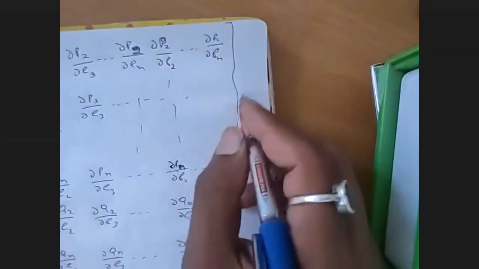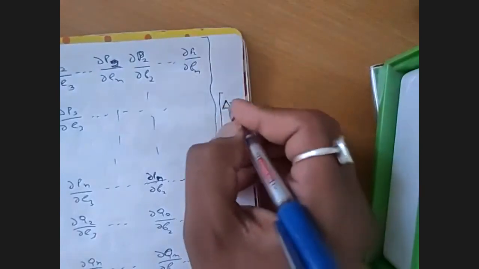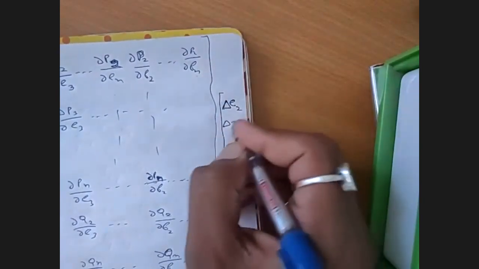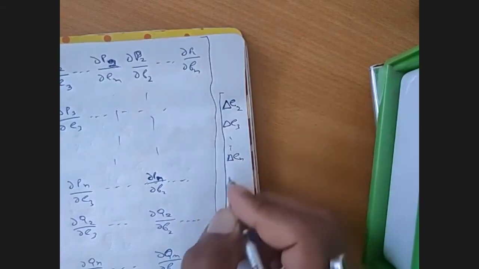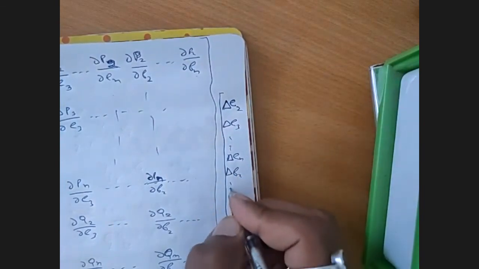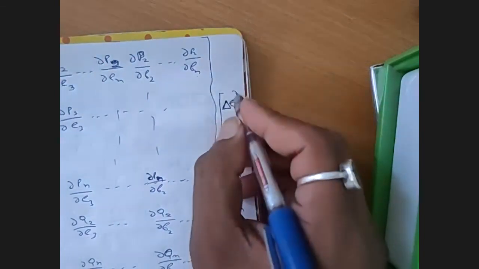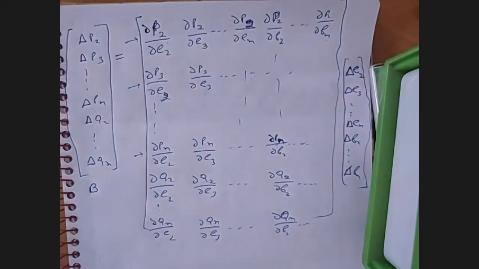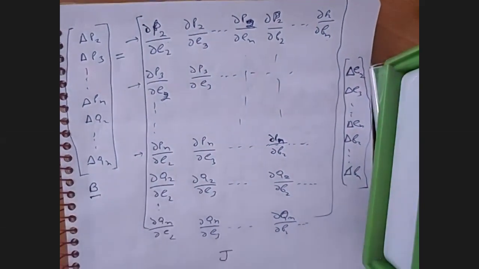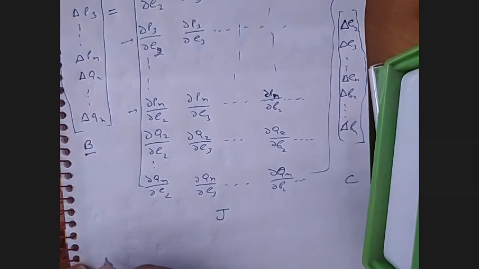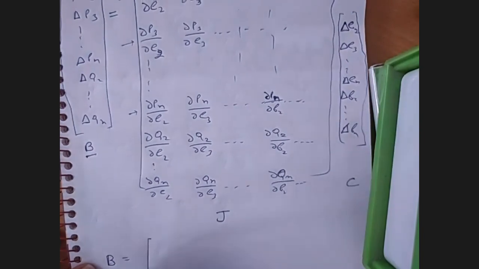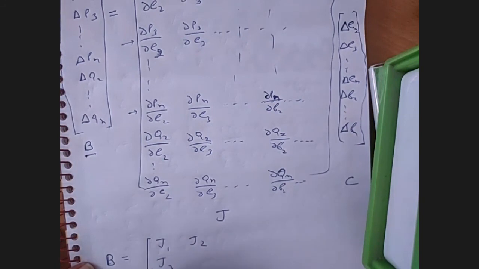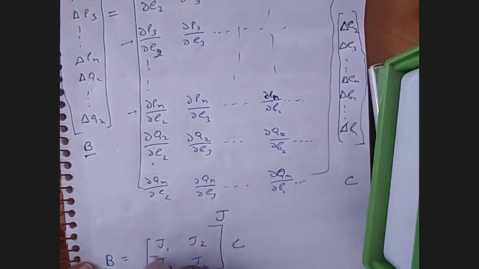And here it will be delta E2, delta E3 up to delta En, then delta F2 up to delta Fn. This will be your B matrix, this will be your J matrix, and this will be your C matrix. And for simplicity, we will be writing it as... detail we will discuss in the next.